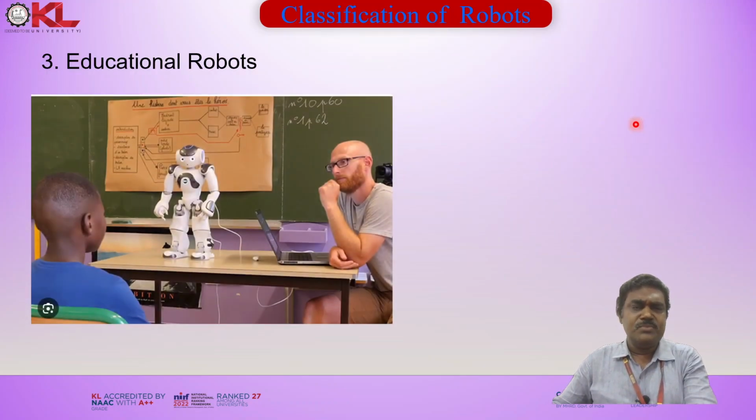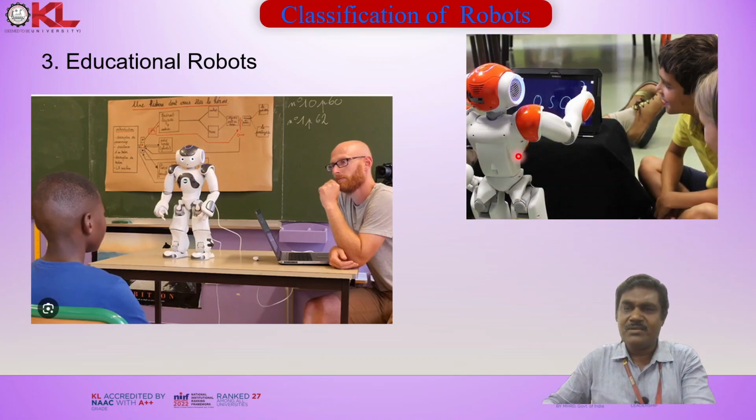And educational robots. Nowadays, this educational robot itself will explain, suppose I want the demonstration of a particular flowchart. If you ask, the robot will immediately catch up and start explaining. This type of educational robot also exists.